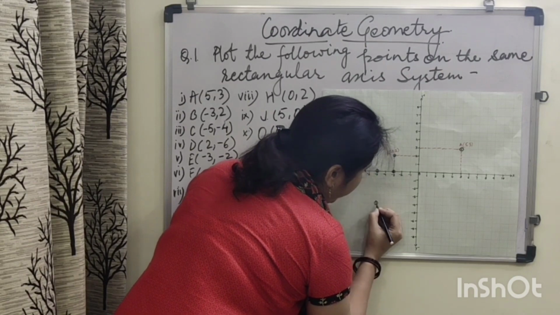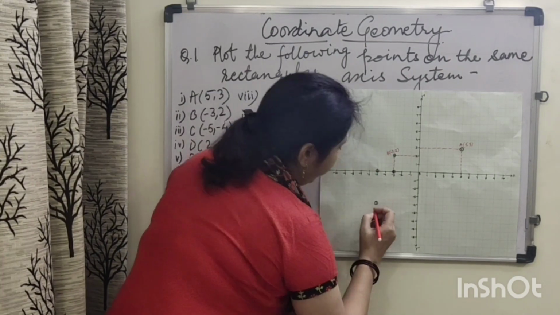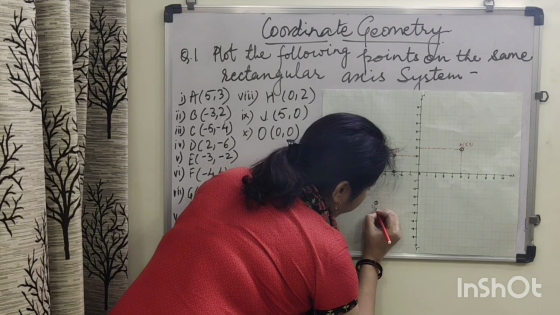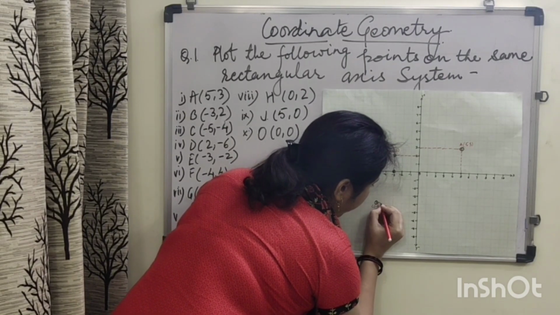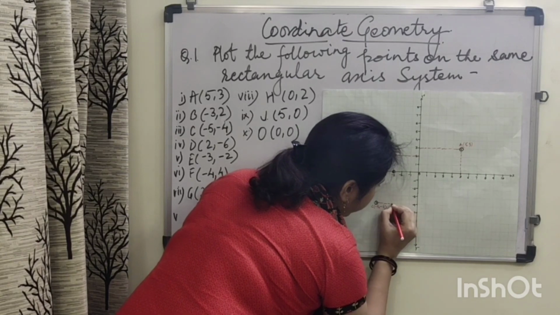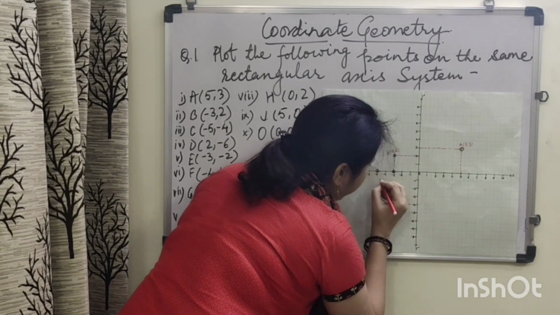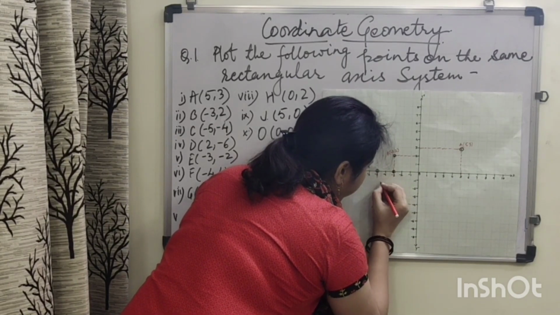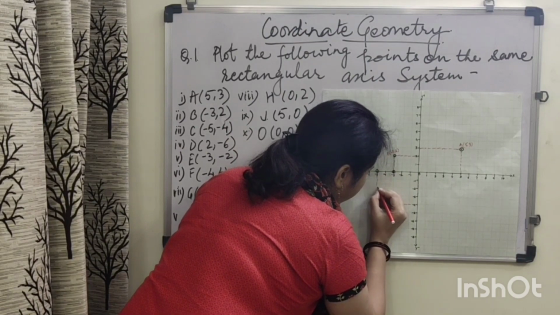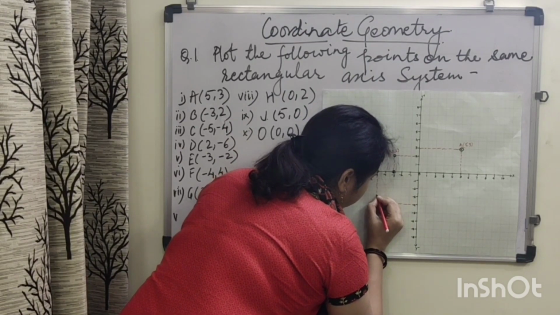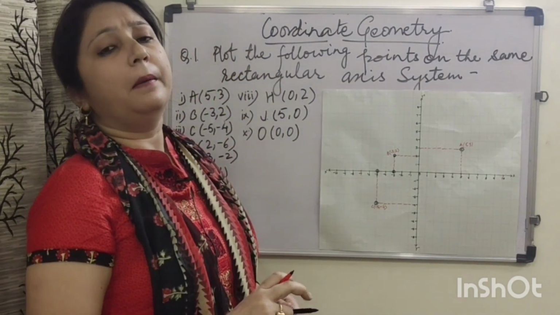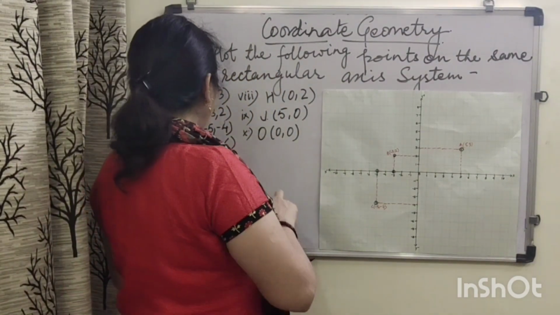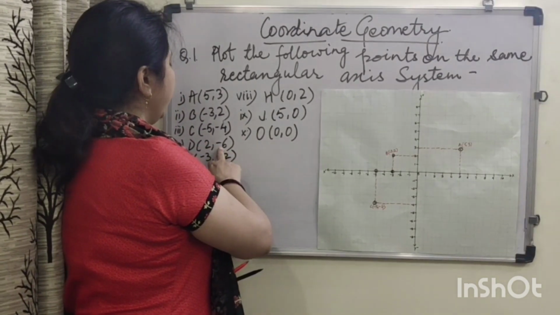This is your point C, which gives you (-5, -4). From here you drop a perpendicular both on the y-axis as well as on the x-axis. This is the position of point (-5, -4).